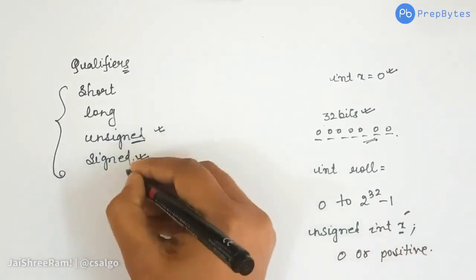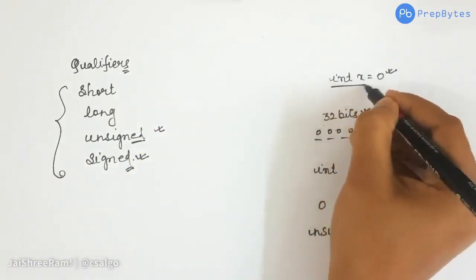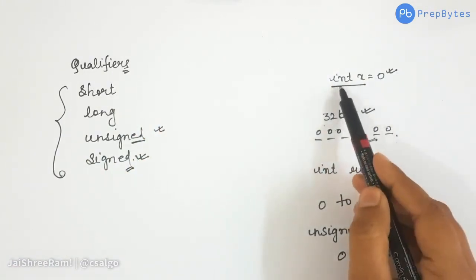If I say it is signed, then it may have positive as well as negative. By default, if I write int x, it is going to be positive or negative both. By default it is signed.